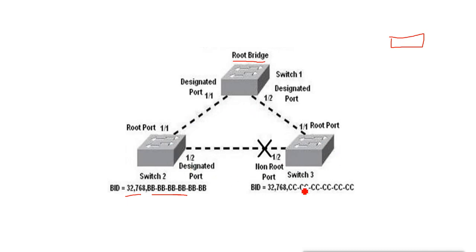For example, this one was created first, the old one, so it gets the MAC address A. These new switches will get MAC addresses after that, B, C, or maybe this one is D. So whenever the election happens, because the bridge priority is the same for all the switches, this old switch will always win.